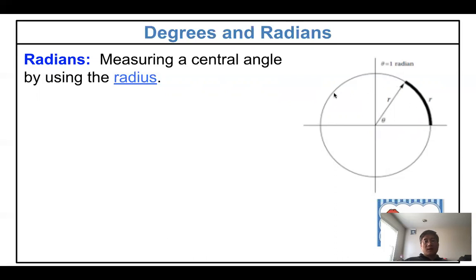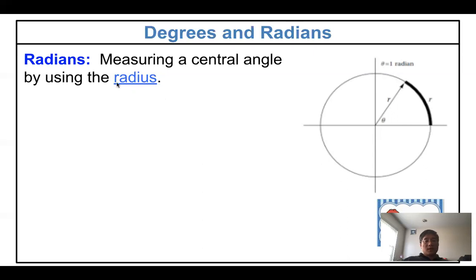So how do you get the radian? Using the radius, we see how many radii are in this circle's circumference. The circumference is 2 pi times the radius, right? So how many radii are here? Yes, 2 pi radii.